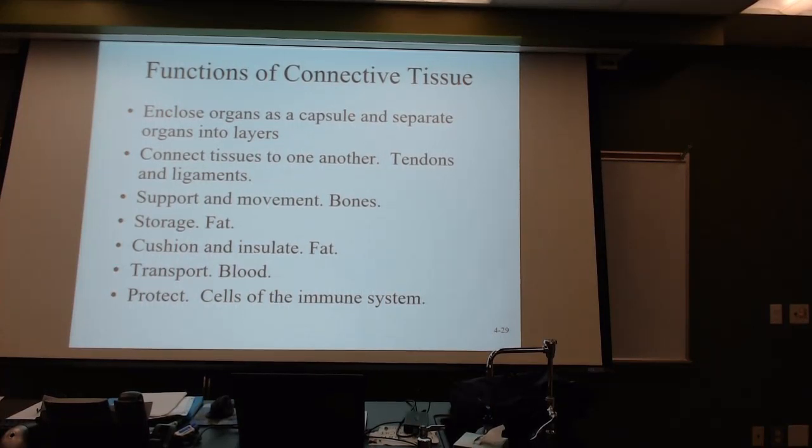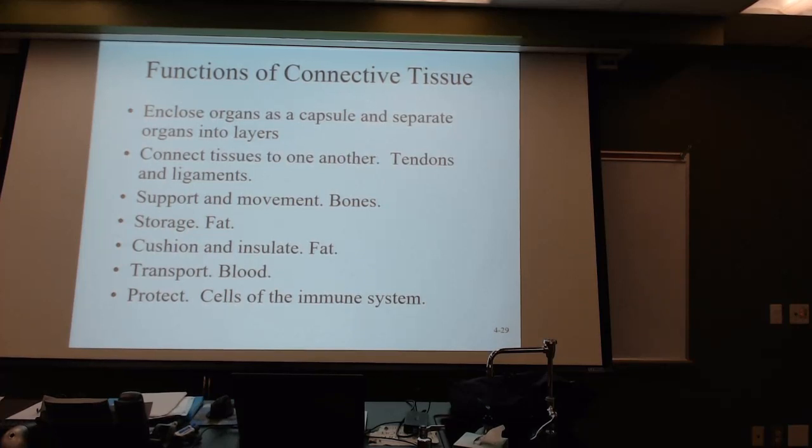Like a kidney, for example. The working part of the kidney is to this inside. So this being held together is considered the capsule. So connective tissue encloses the organs and helps to separate them into these organs that they are.